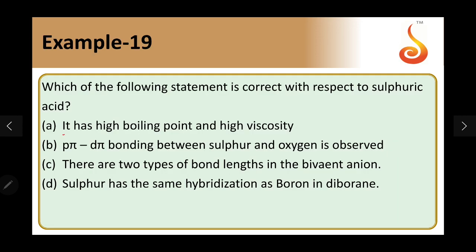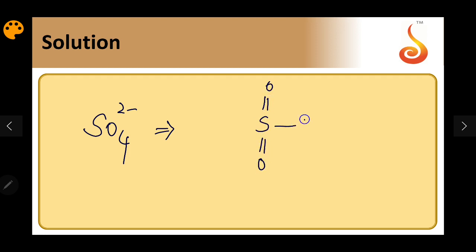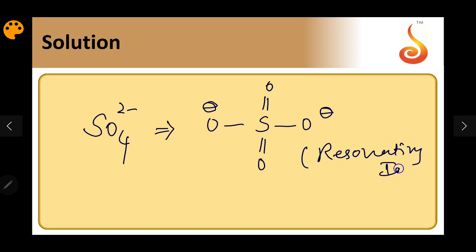There are two types of bond lengths in the bivalent anion. The bivalent anion is the sulfate ion. The structure, if I take S double bond O, single bond O minus, single bond O minus, appears as if there are two types of bond, one single and one double, but actually it is a resonating ion.